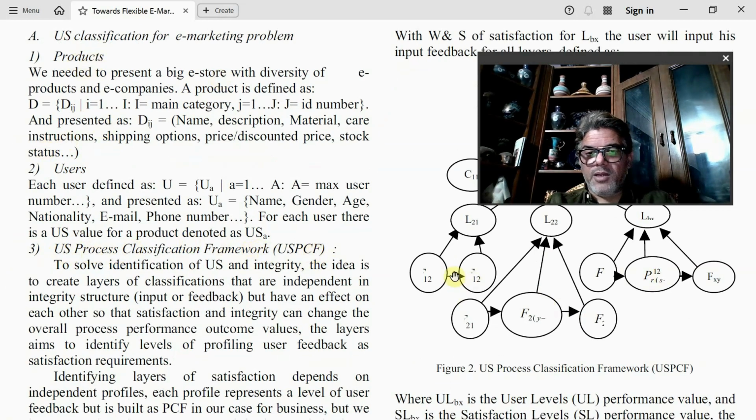It contains all the data, information, knowledge between the strategic and operational. So the process classification framework only contains all participants, life cycles.